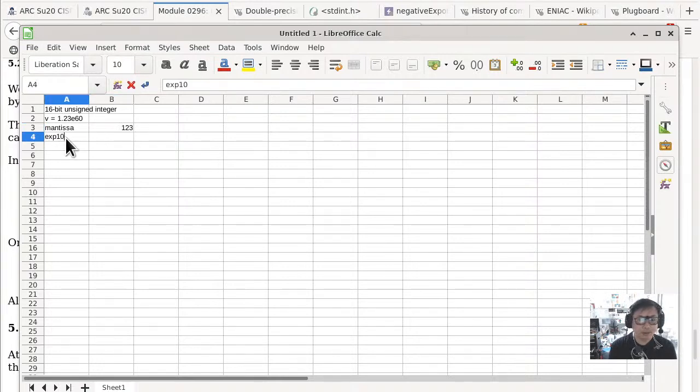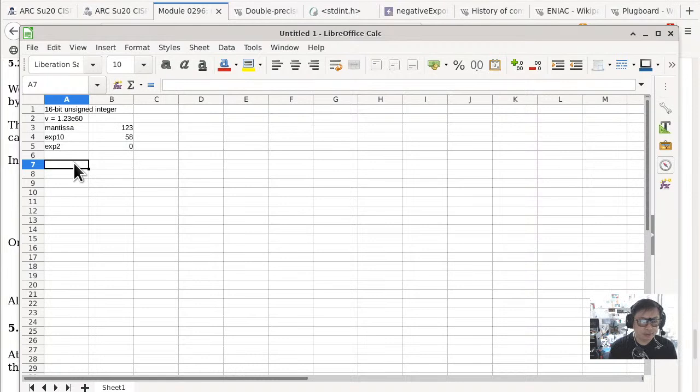The exponent of 10 initially is not 60, because we shift the decimal point 2 places to the right, which means we decrease the exponent of 10 by 2. So this is what we start off with. And exp2 has an initial value of 0 in this case. That's the easy part.